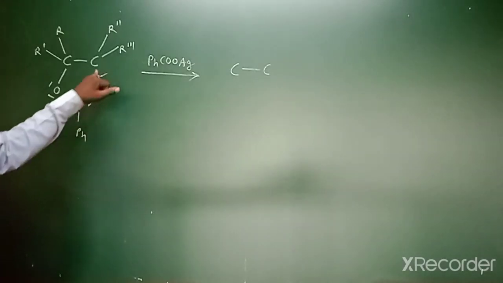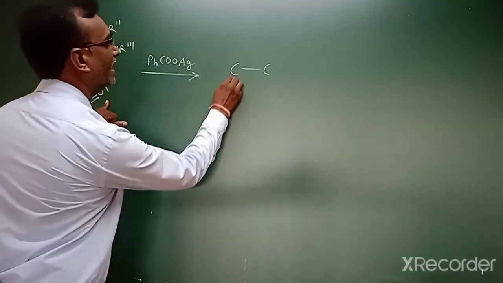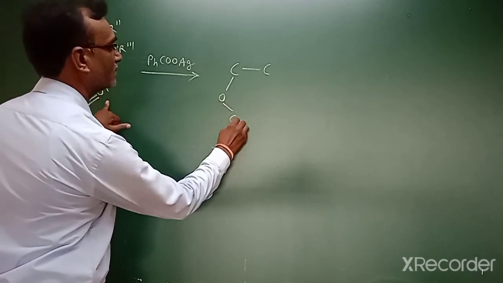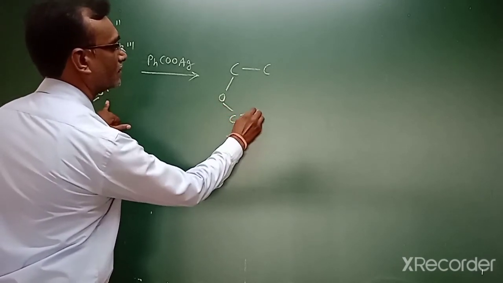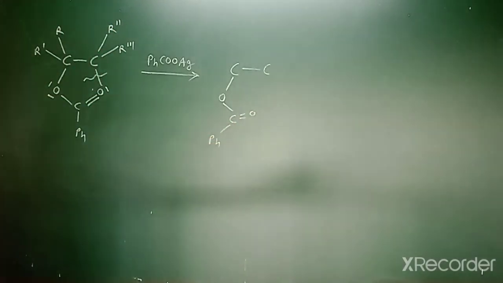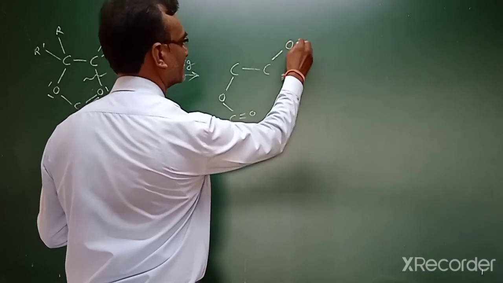After breaking the CO bond, the chain opens from here and the structure becomes like this. After that, the second COOPh or PhCOO gets bonded with the second carbon atom like this.